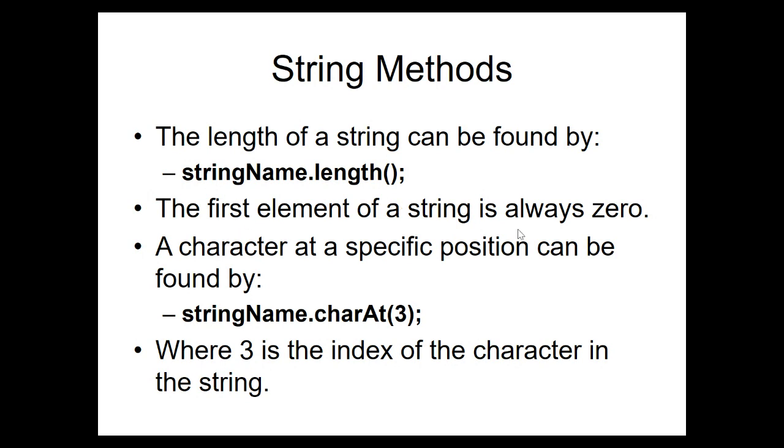And remembering the first element of the string is always 0, if we want to get a character at a specific position, there's a method called charAt. So if we say charAt(3), that's going to give us the 4th character in the string because we started at character number 0. If you wanted to get the first character, you would say charAt(0) from your string.